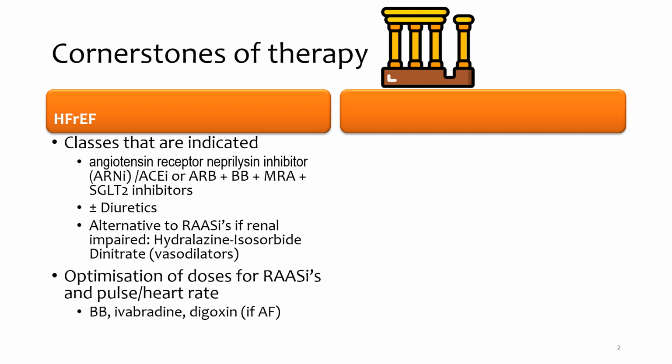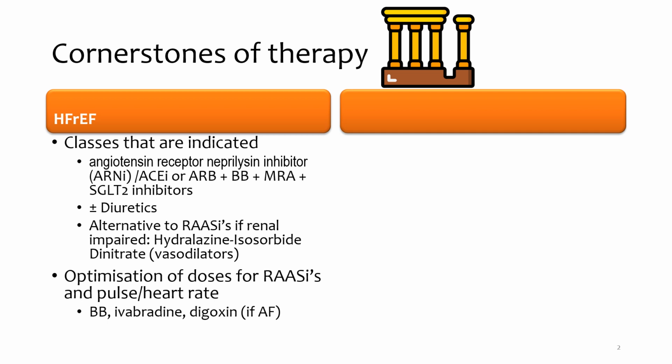In the earlier days, before ARBs were even on the market, hydralazine and isosorbide dinitrate combinations were used as an alternative when one couldn't tolerate ACE inhibitors or if they had renal impairment. Today, it's used either as an add-on, where you maybe need more blood pressure lowering, or as an alternative to the RAAS agent. So it's dropped down in terms of the order of selection of drugs whenever you need to treat heart failure with reduced ejection fraction.